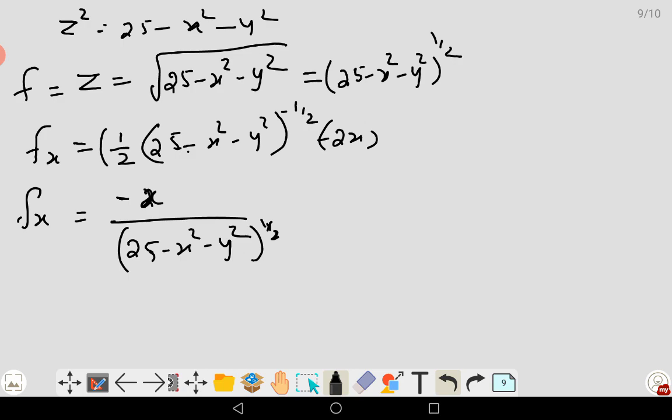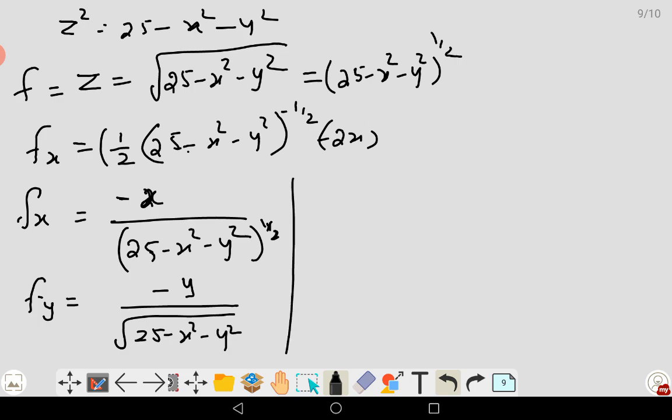In a similar way, they are symmetric, so if you try, fy will be minus y over the square root of 25 minus x square minus y square.